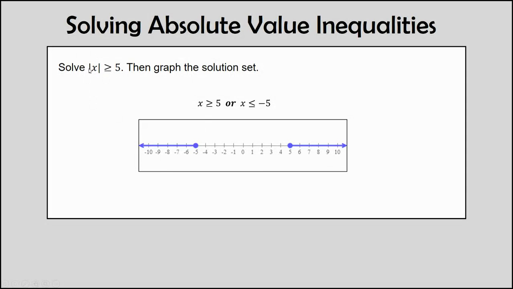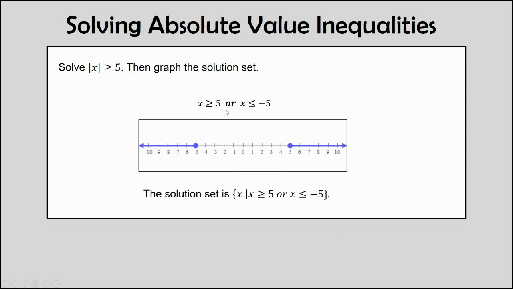Absolute value of 9 is 9. 9 is greater than or equal to 5. True. Pick -6. Absolute value of -6 is 6. 6 is greater than or equal to 5. True. Okay. All of the numbers going to the left to negative infinity, all of the numbers going to the right to positive infinity, those are all numbers that will make this true. All the numbers in here will make it false.